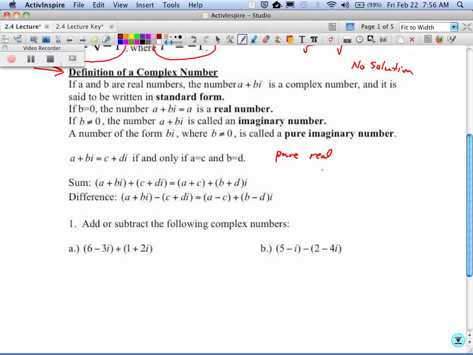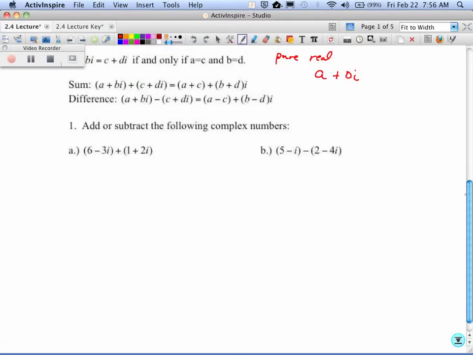You've always been working with some number plus 0 of the imaginary part. Okay? So standard form is this a plus bi. a is the real number, and b is what we call the imaginary part. It's the one with the i. So we're going to add, subtract, multiply, and divide some of these complex numbers.